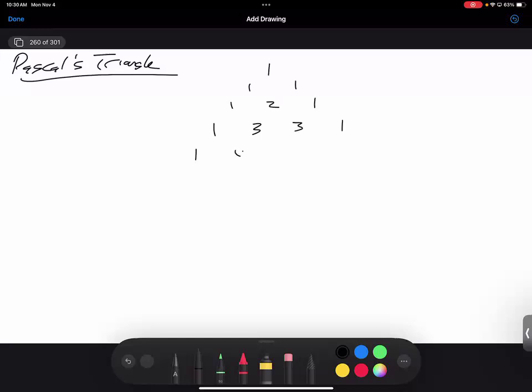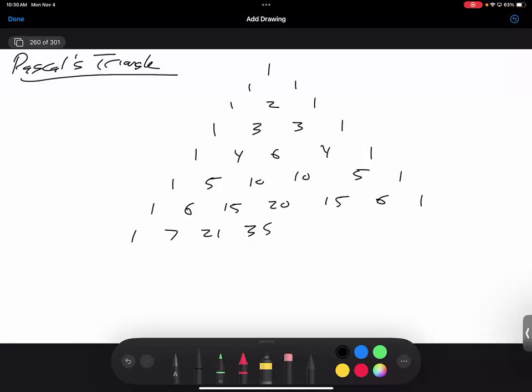I think what's slowing me down is just the time of writing. 1, 5, 10, 10, 5, 1; 1, 6, 15, 20, 15, 6, 1. I feel like a typewriter. 1, 7, 21, 35, 35, 21, 7, 1. I'll finish writing.